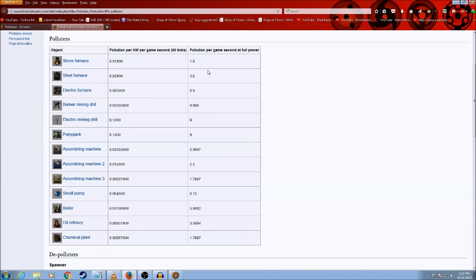So it produces 3 pollution per second by itself, and then we also take the pollution per game second per kilowatt, right? So we got to multiply that in here.